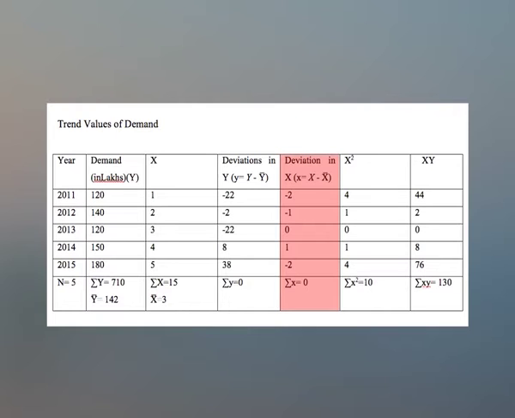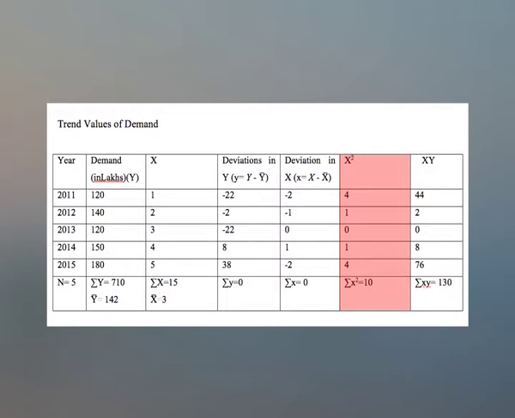Now the summation of all this will give us 0, which is to say that sigma x is equal to 0. Now x square, again we can see x square will be for the year 2011 is 4, then 1, then 0, then 1, 4, and the summation of all this, which is represented by sigma x square, is equal to 10.